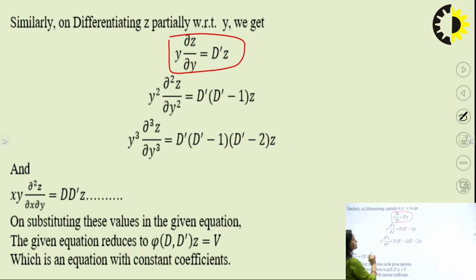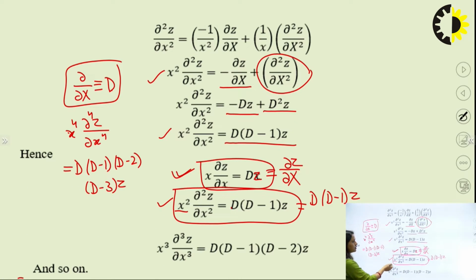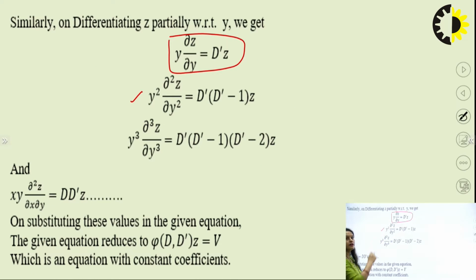Similarly for y² ∂²z/∂y², we will write D'(D'-1)z, and so on. So you can see for x we will write capital D, and for y we will write capital D dash, and similarly for xy ∂²z/∂x∂y, we will get DD'z.